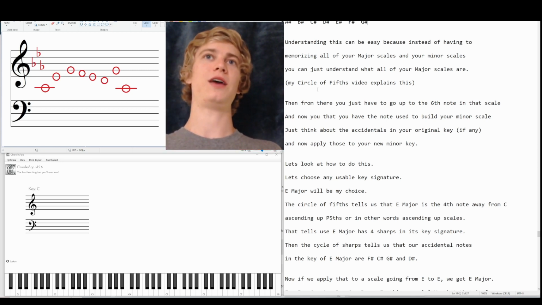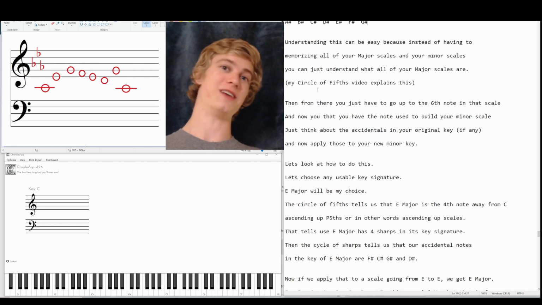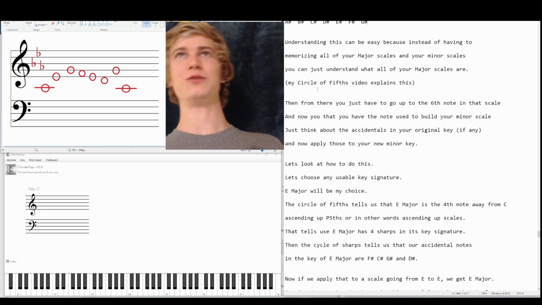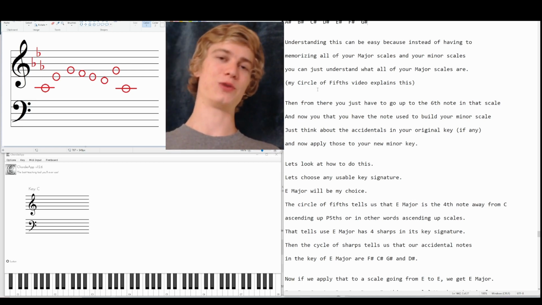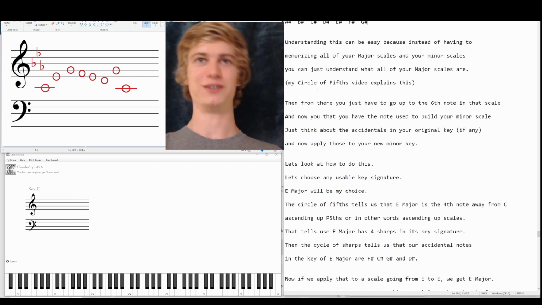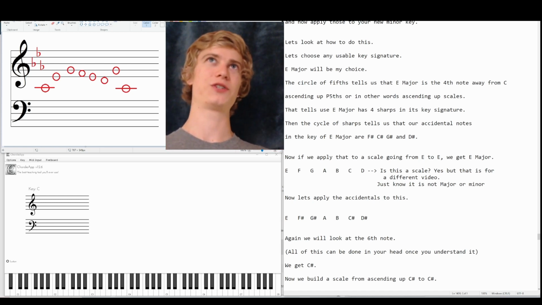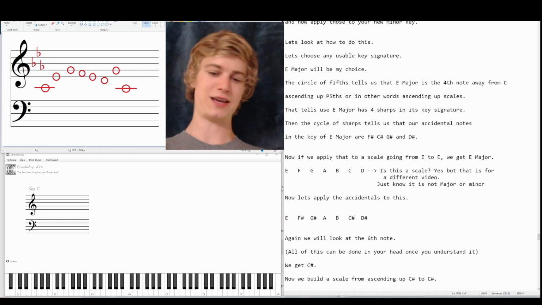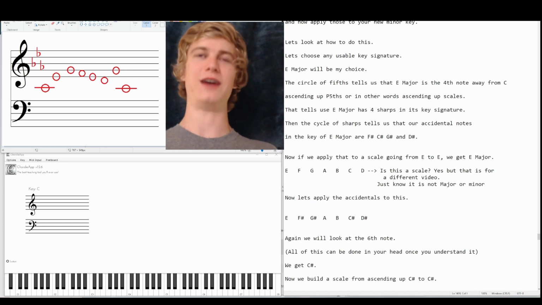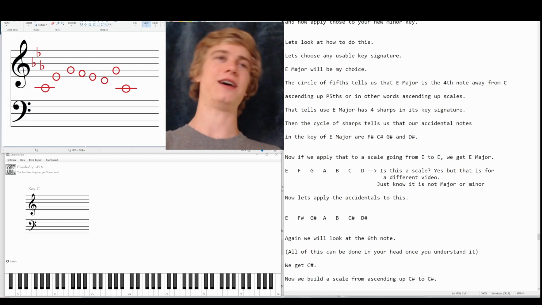Or if we want to get a relative minor and we already have a relative major, we could go up to the 6th note in the scale, or in other words, a major 6th, or we can go down a minor third, which will land us on the same note as the 6th note in the scale. So if this is all new to you, this might seem a little bit like gibberish at first, but just review it, think about it over and over, maybe watch the video a few times, and I guarantee that it will not be that difficult once you understand this.